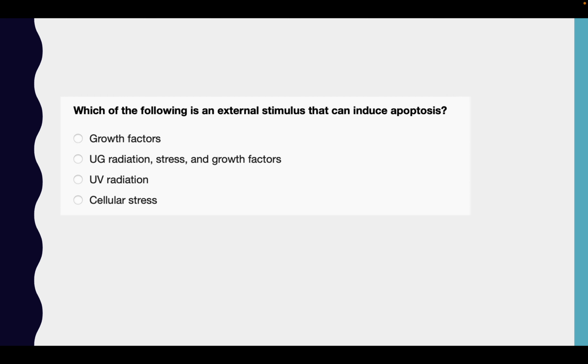Which of the following is an external stimulus that can induce apoptosis? UV radiation, stress, and growth factors.